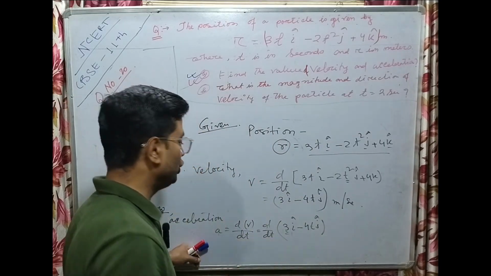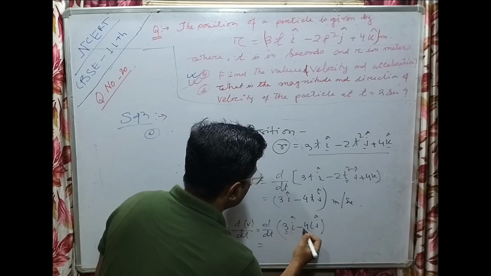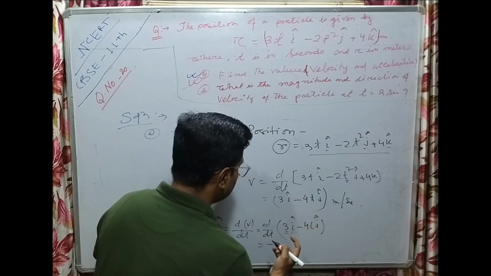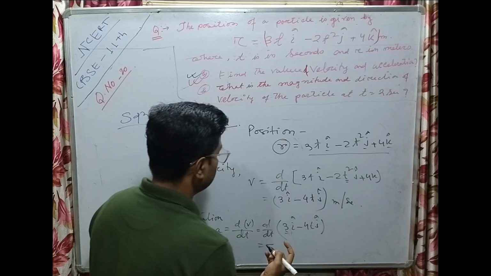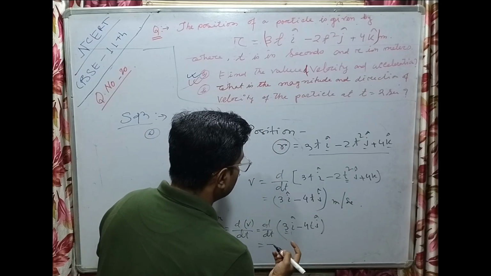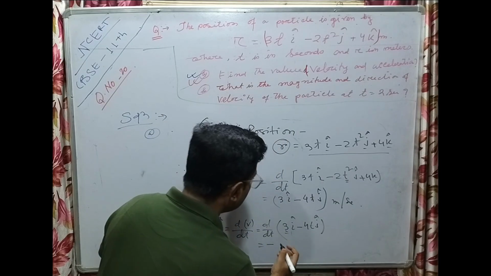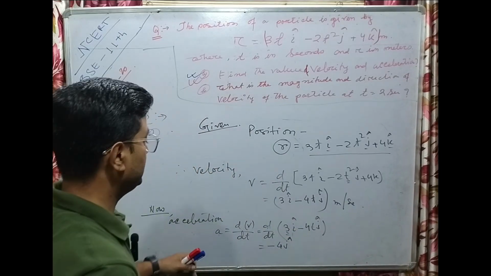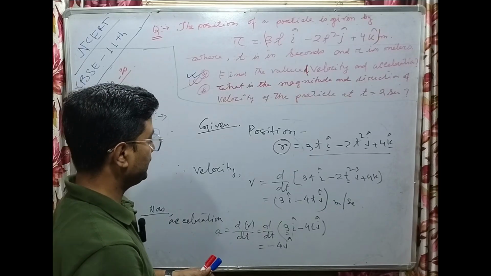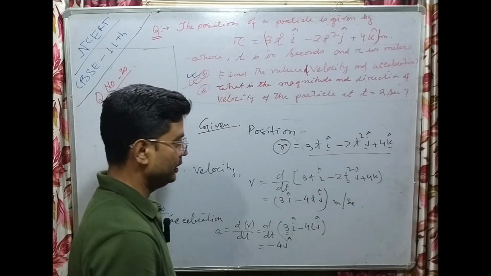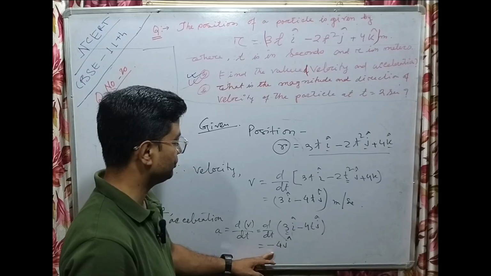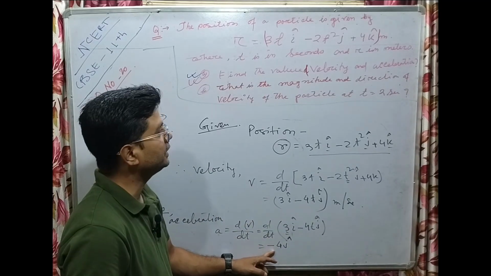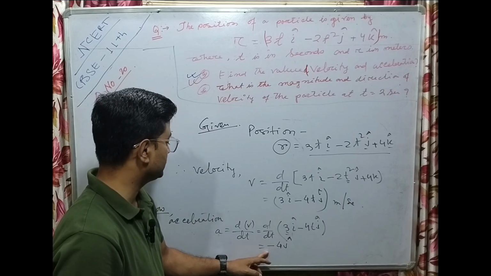Differentiation of 3 is 0, therefore this term becomes 0, and minus differentiation of t is 1. Then it will be minus 4 j cap. Acceleration of the object is minus 4 j cap. Velocity is calculated, differentiation is calculated, acceleration is calculated.